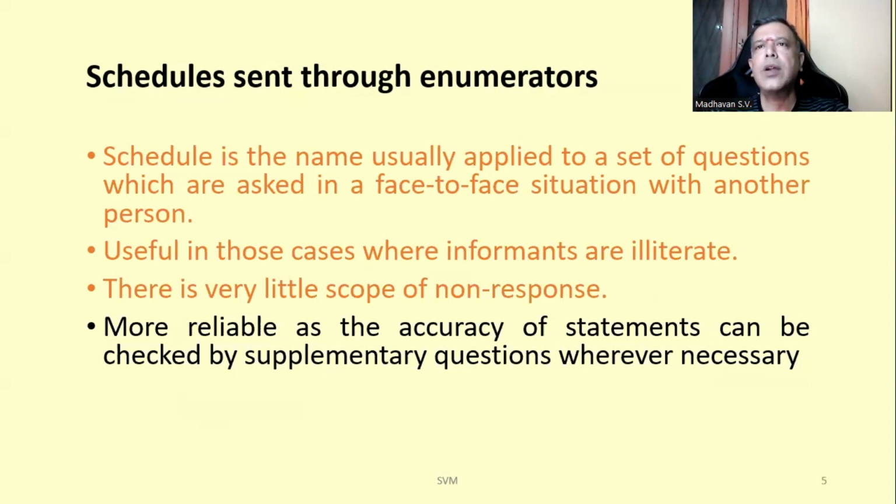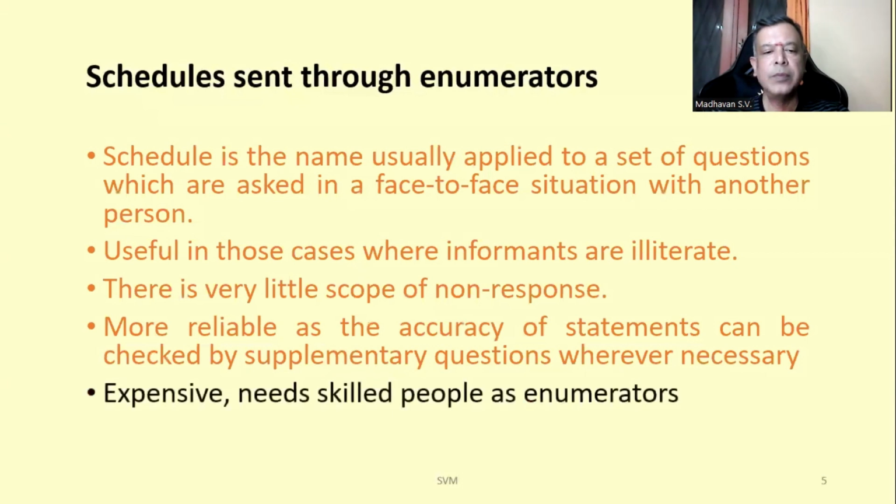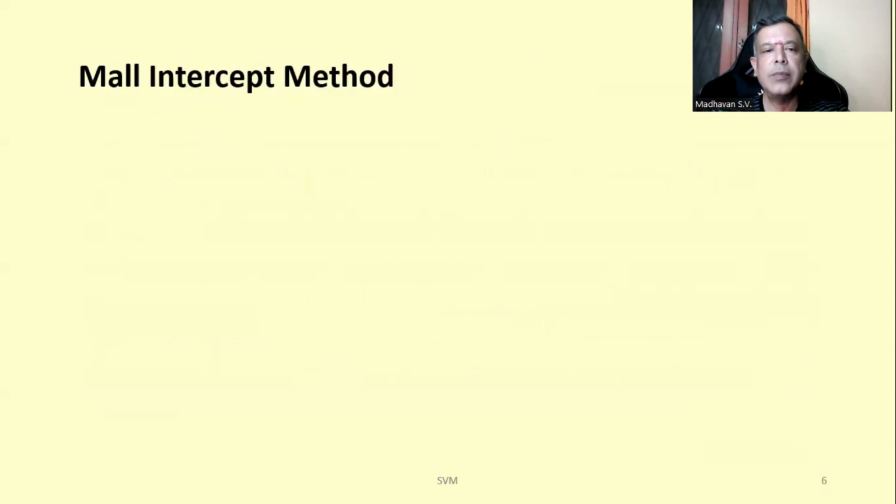If you get contradictory answers to them, then it is okay because it has to be. Otherwise, there is some problem with the understanding of the respondent that you are able to confirm then and there. It is expensive because you need skilled people as enumerators. That means a lot of training needs to be given to those enumerators. There are training costs involved in that.